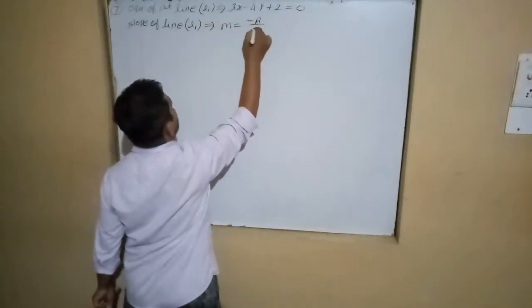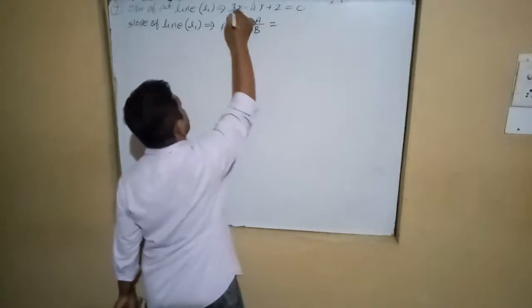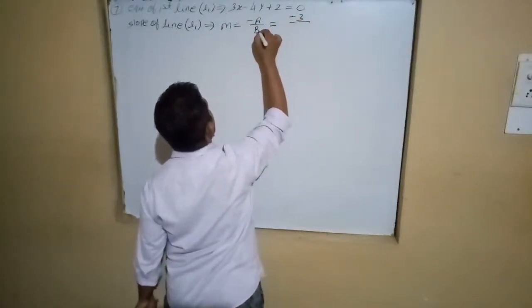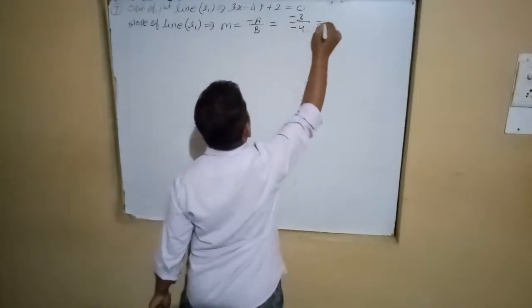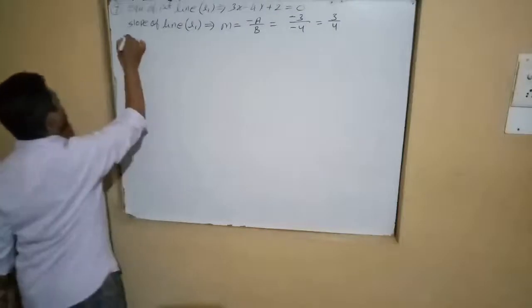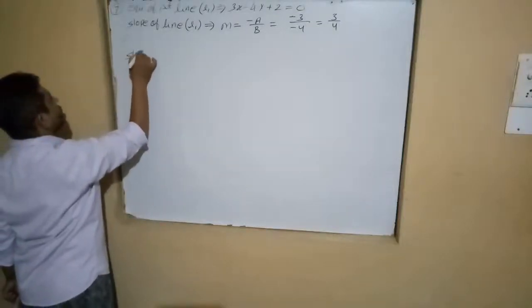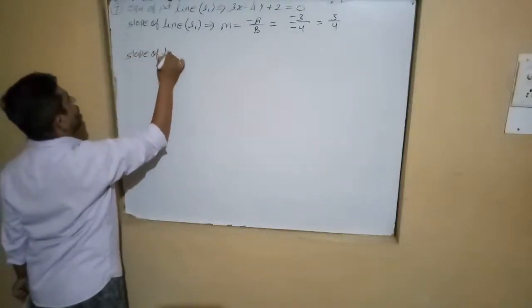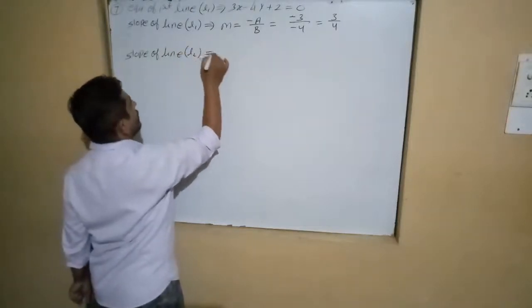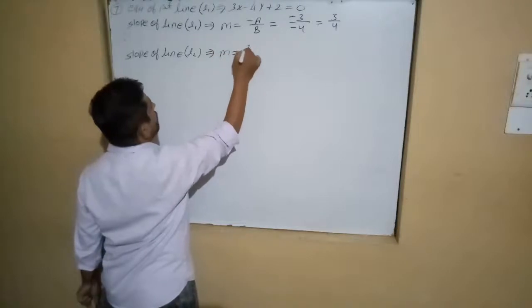Minus A upon B. What is the value of A here? 3. Upon, what is the value of B? Minus 4. So minus 3 upon minus 4 is equal to 3 upon 4. Therefore we can write the slope of line L2 is m is equal to 3 by 4.